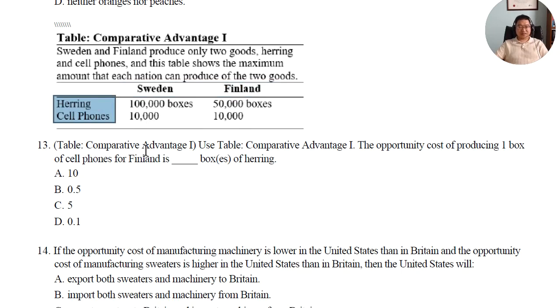So now we need to be a little bit more careful.